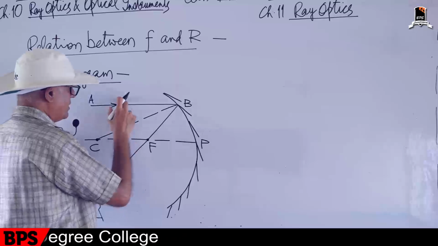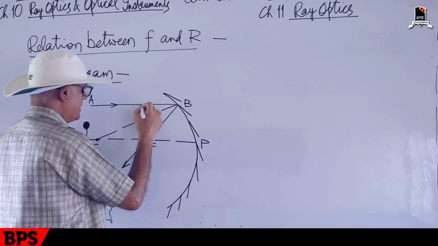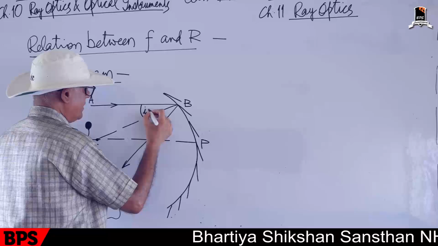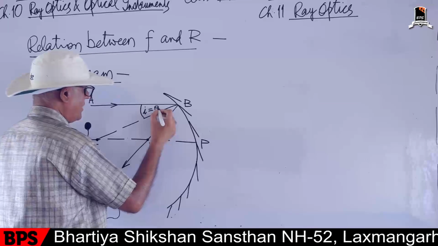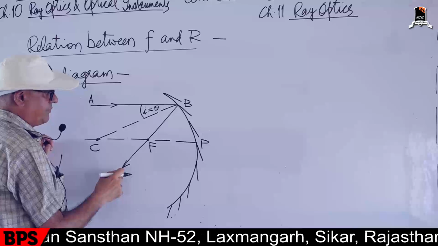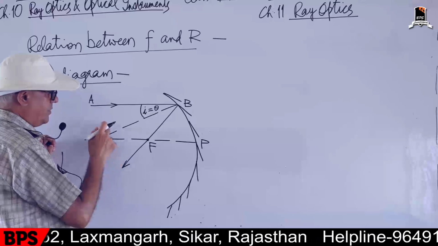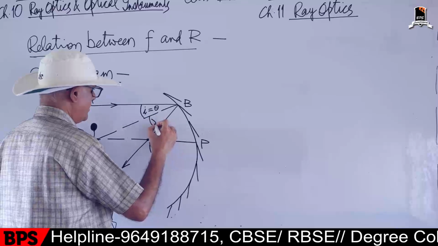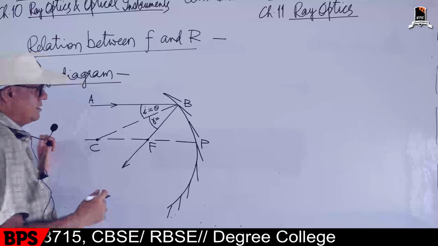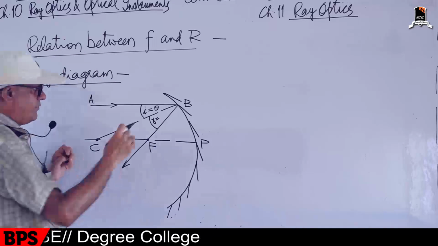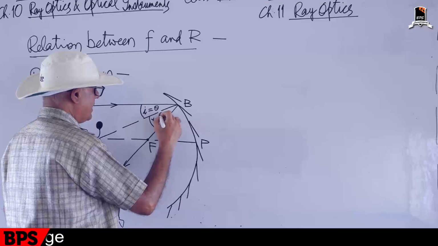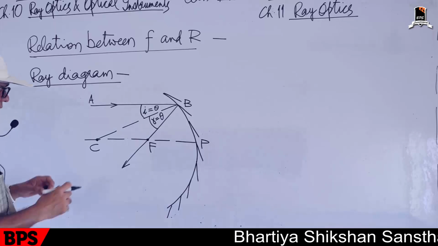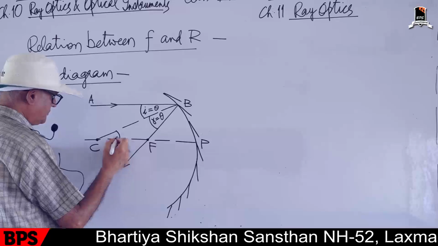So this is the normal, this is the incident ray, so this angle is the incidence angle I. Let it be theta. Now this is the reflected ray, and the angle between the normal and the reflected ray is called the reflection angle. We know from the laws of reflection that if this angle is theta, then this angle will also be theta because I equals R. Now take this angle, BCF.